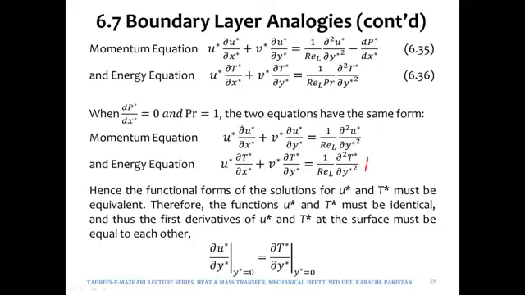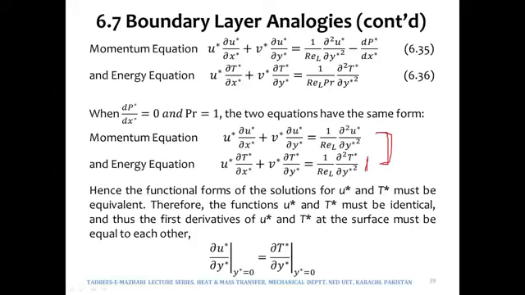And if dp by dx is 0, then of course 6-35 will be written without dp by dx. So if we compare these two equations, we will see that they both have the same form. They are not exactly the same, but they are similar. And what is that same form? In these two equations we have the derivative of u star with x, and we have the derivative of temperature with x.